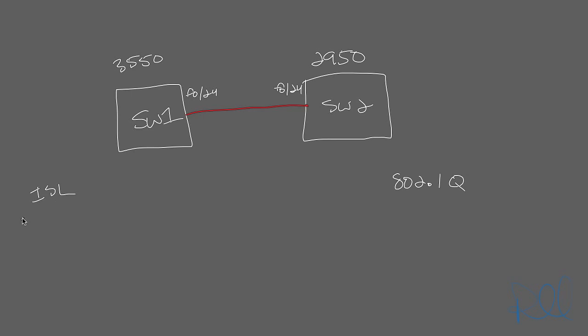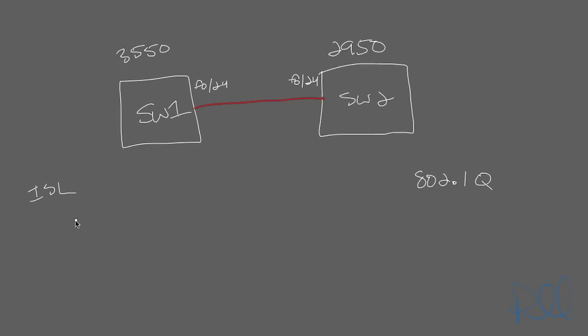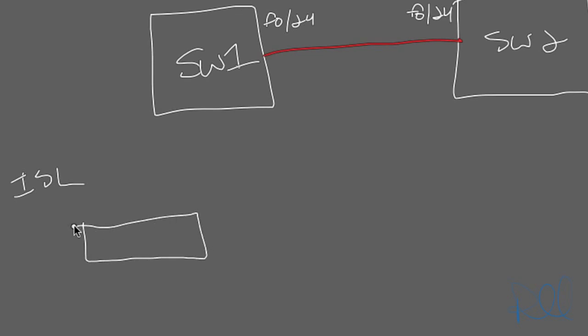ISL is proprietary in the way it tags VLANs onto the Ethernet frame, and what it does is it takes the Ethernet frame, this is your original frame, and when it's sending the frame across the trunk link, it'll actually add a header at the front, which is the ISL header, and add in a new trailer.